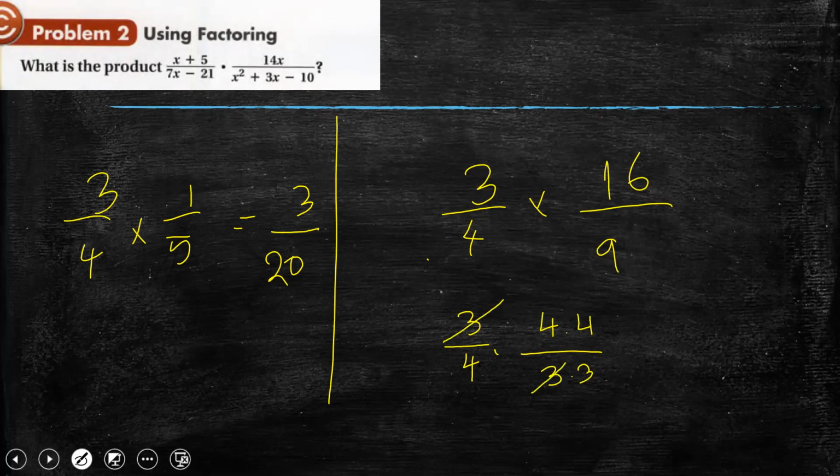Then I will cancel them like this, so the final answer is 4 over 3. If you have two fractions, check if you can simplify before multiplying.